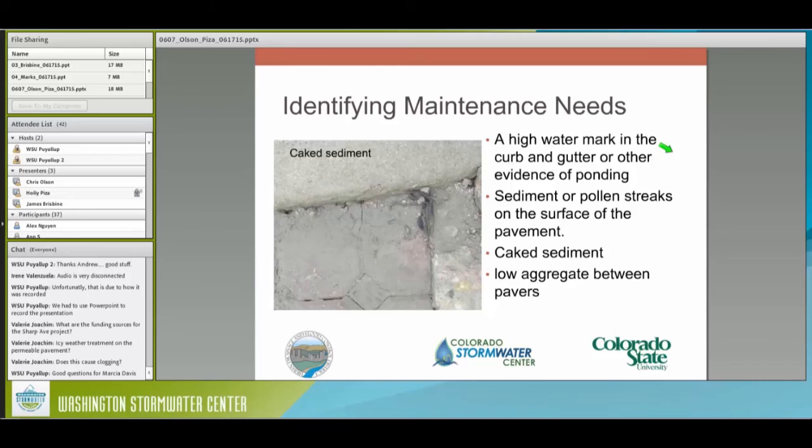And then for PICP, the permeable interlocking concrete pavement, also a low aggregate between the pavers. You really want to keep the aggregate up to the surface elevation of the blocks so that when sediment flows into those areas, it's trapped closer to the surface where it can be removed easier.